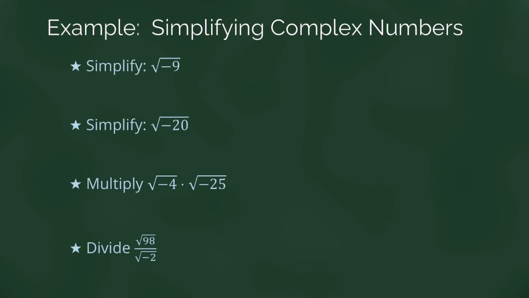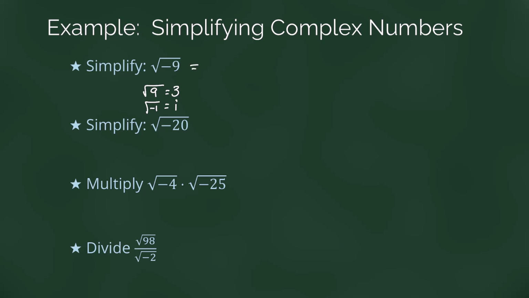Let's start by simplifying some numbers that involve square roots of negatives. So here we have the square root of -9. We know that the square root of +9 is equal to 3. We also know that the square root of -1 is going to be this number i that we're using for complex numbers.